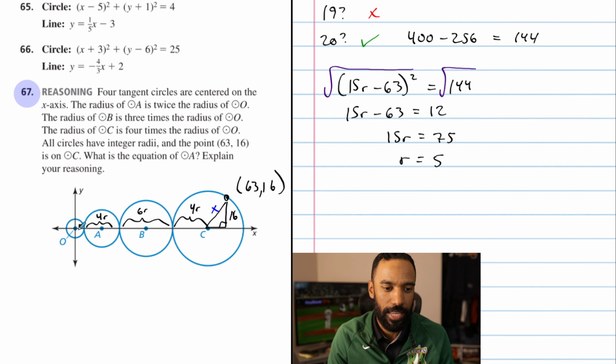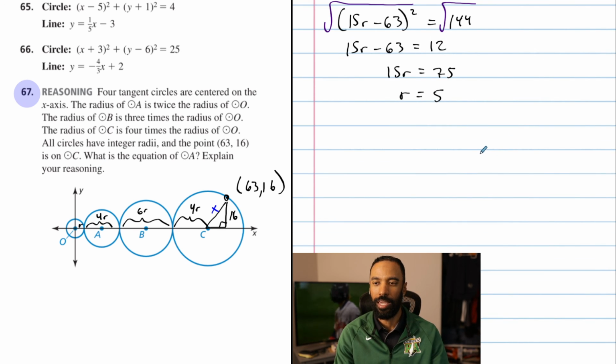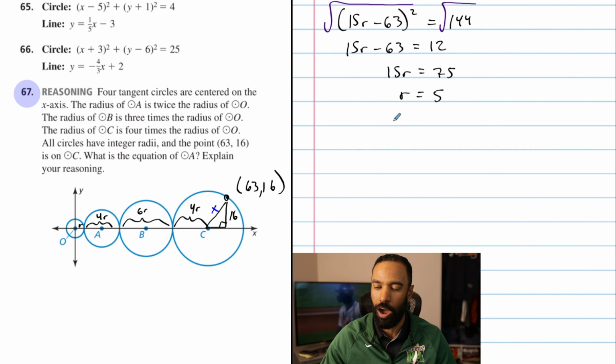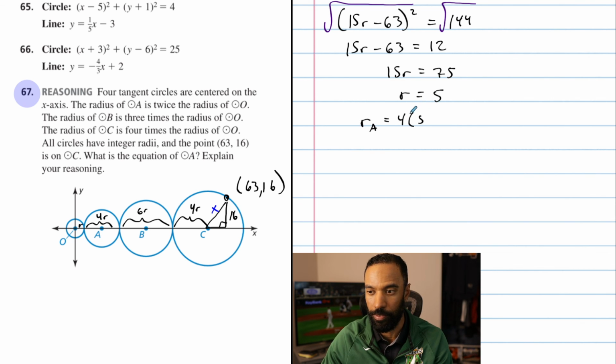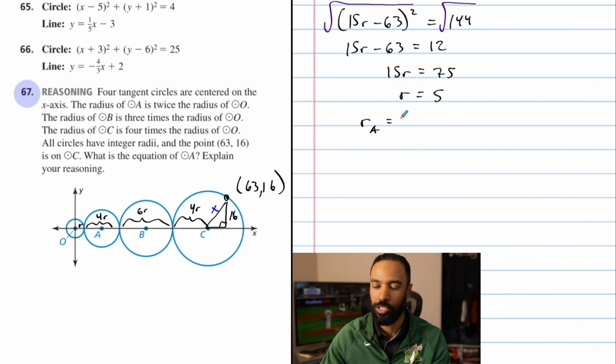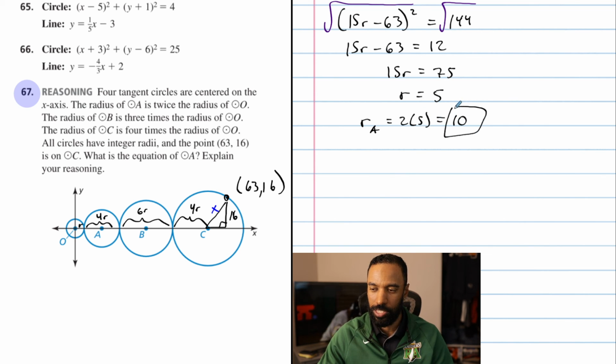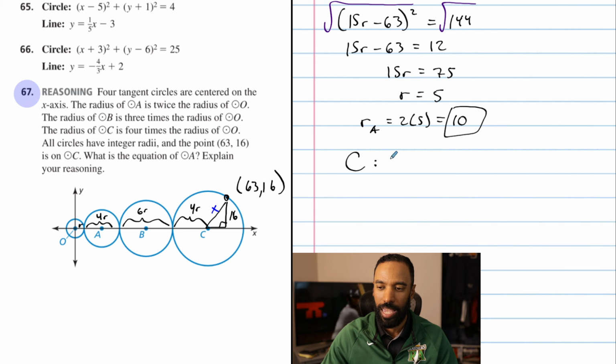So if the original radius is 5 right here, we need the center for circle A, and we need to get its radius as well. If r is 5, then the radius for A is 2 times 5, that's the diameter, which is 10. So radius is 10. The center is at something comma 0, right?